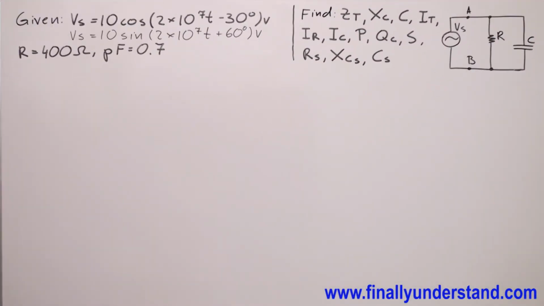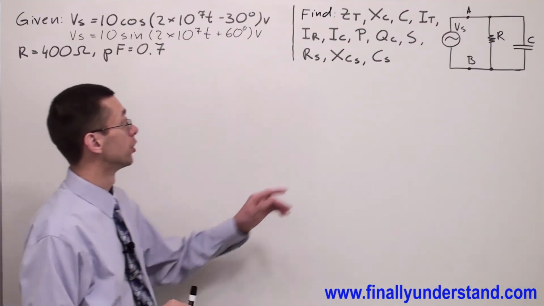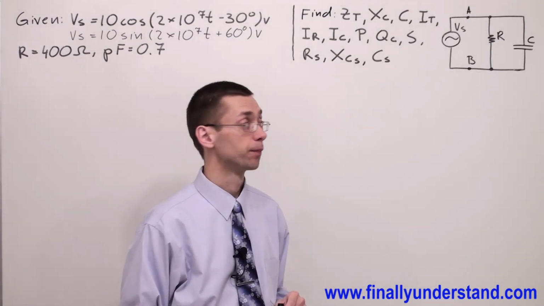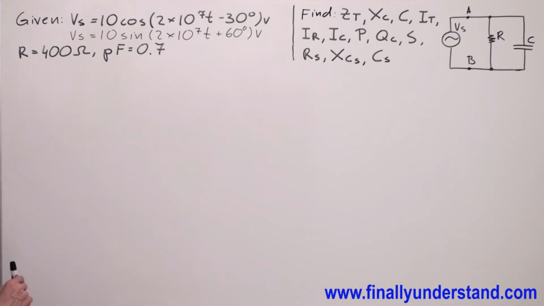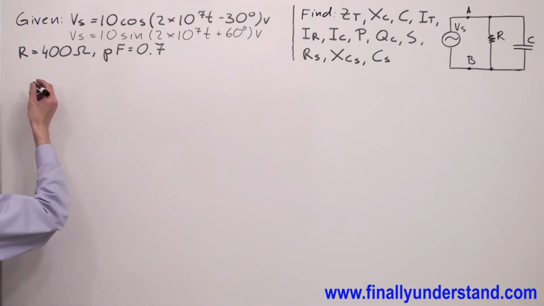Next, we're supposed to find the total current, because we found Z total and we have given voltage source. Okay, we can find very easy I total. I'm going to use simply Ohm's law.